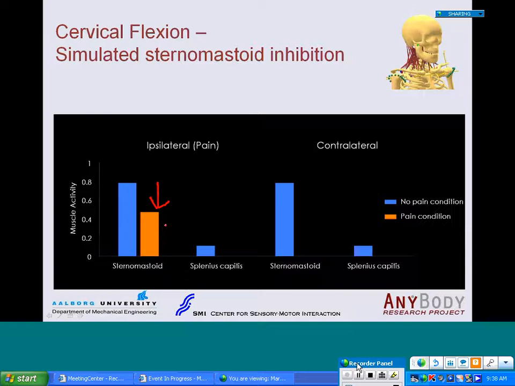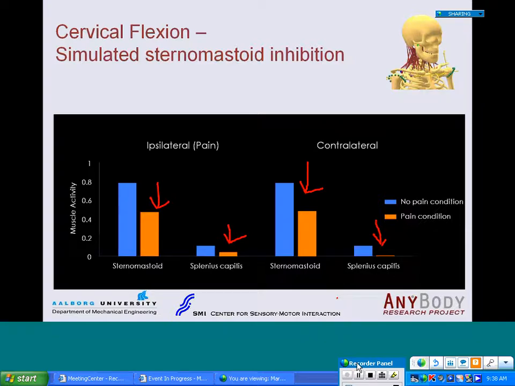So then here are the results, and we see in all the muscles, in the ipsilateral side of the splenius capitis, we see an inhibition, a predicted inhibition in the painful condition, and also in the sternomastoid muscle on the contralateral side, we see an inhibition in the painful condition, and also the splenius capitis, we see an inhibition, a predicted inhibition, I should say.